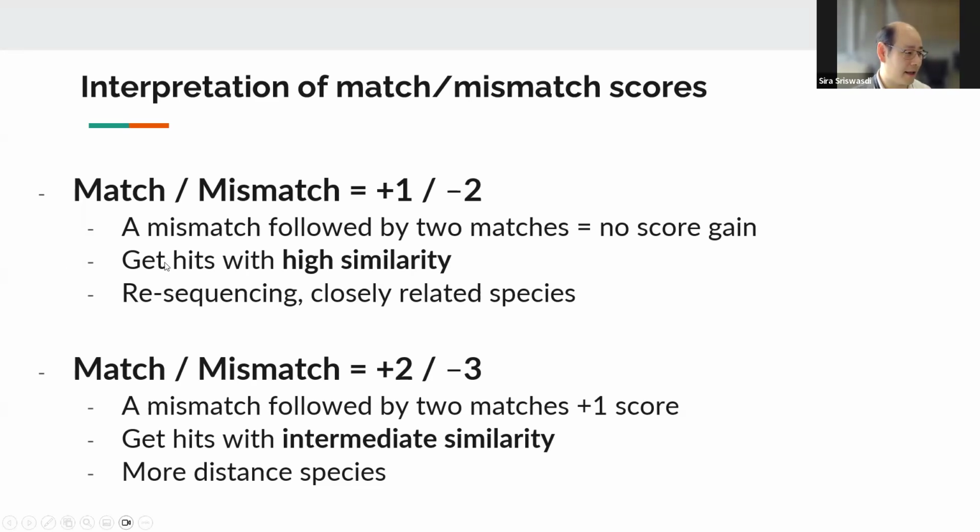So the result that you have is going to have very few mismatches, because for each mismatch you need at least 2 matches to cancel it out. So every answer that you get is going to have very few mismatches. And this is good for finding DNA from closely related species. You expect very high similarity. You don't want any mismatches in the answer.